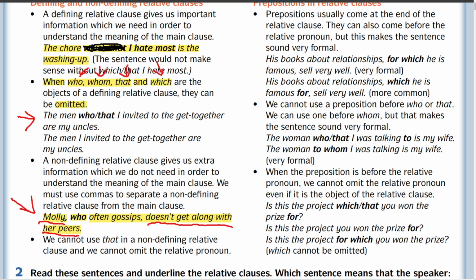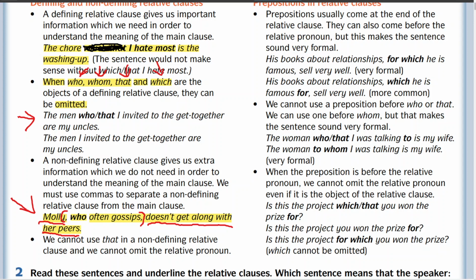And this part gives extra information which we do not need in order to understand the meaning of the main clause. Okay, you could just read Molly doesn't get along with her peers. Who often gossips ni adalah maklumat tambahan yang tak diperlukan sangat pun. Kalau tak ada pun tak apa.